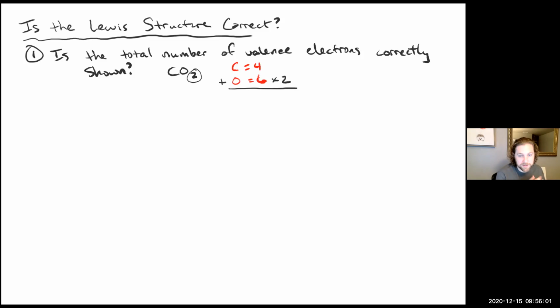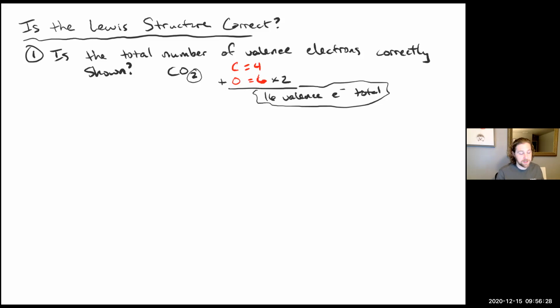So carbon dioxide should have 6 times 2 is 12, plus another 4 is 16. So whatever structure we draw for carbon dioxide better show exactly 16 electrons, whether it's through those lines, bonded electrons, or the extra dots, the non-bonding electrons.